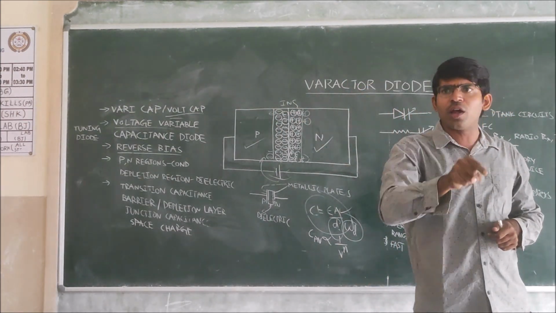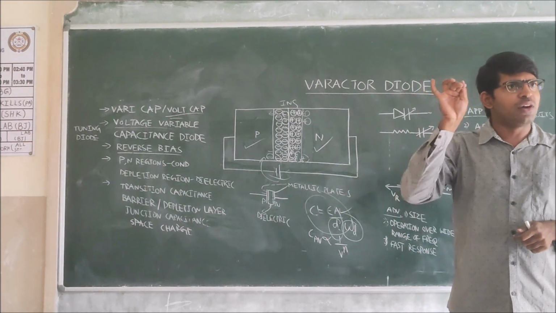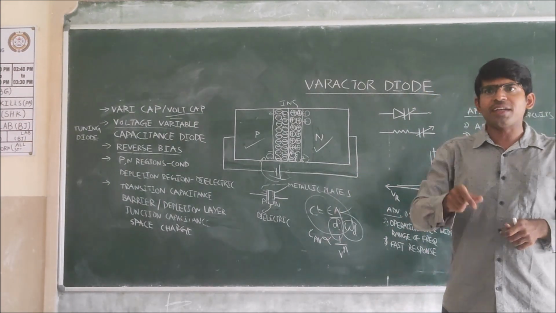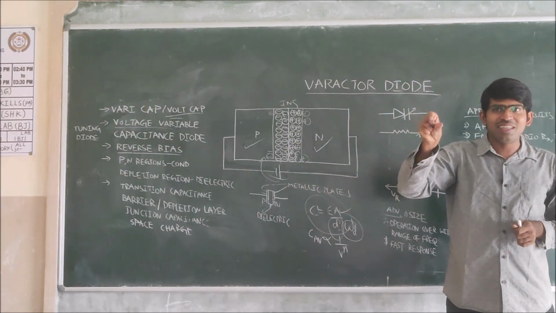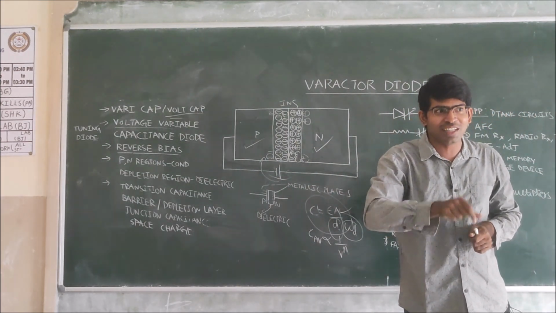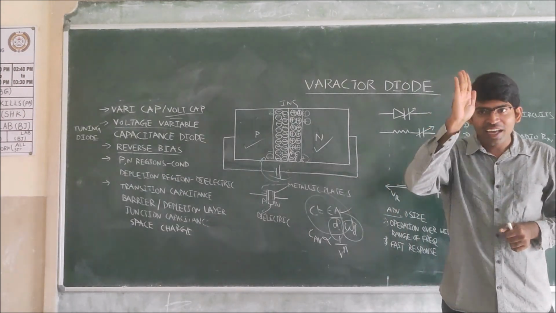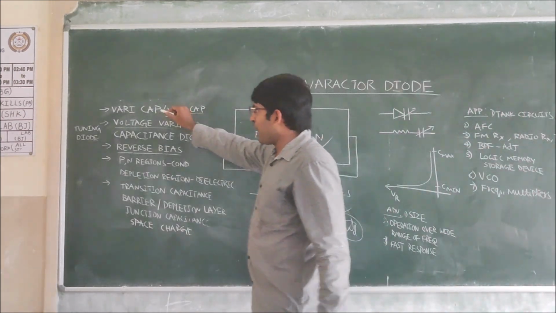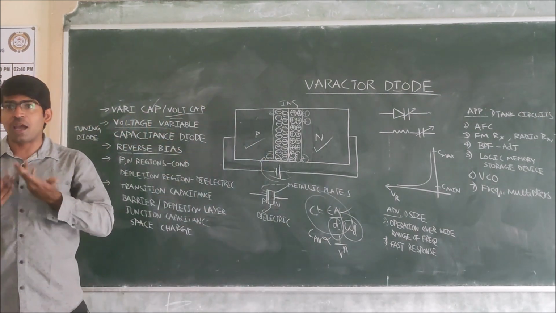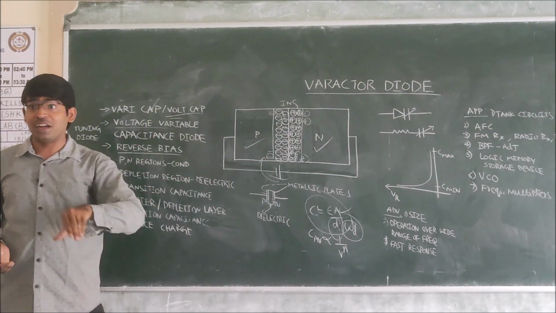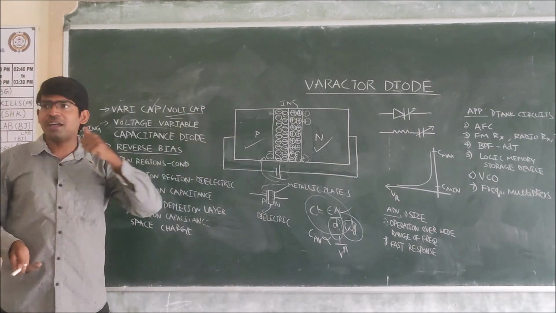With the varying of the voltage, what factor is getting affected? Depletion region width. By changing the depletion region width, you are changing the capacitance. Now the name Varicap, variable capacitor, its capacitance is varying. Now it is in our control and it is a semiconductor device.